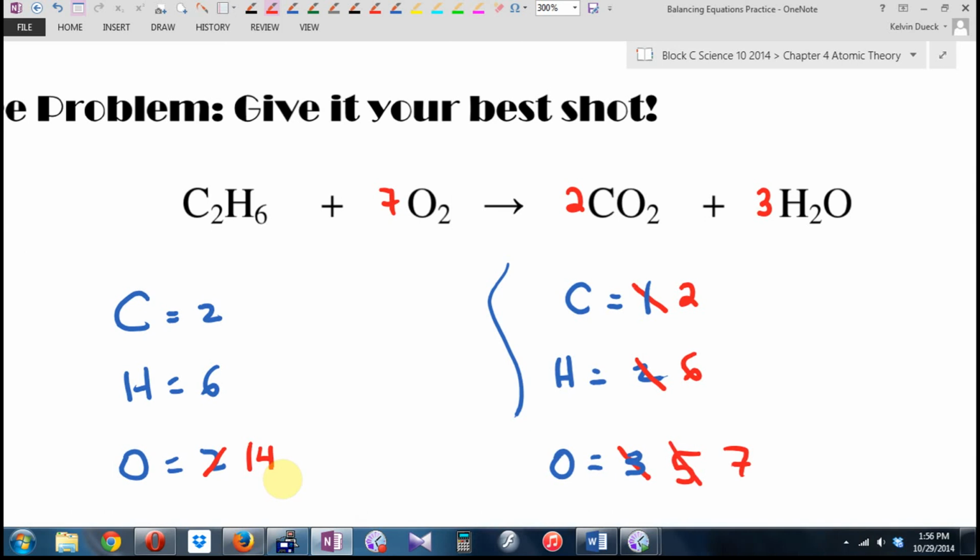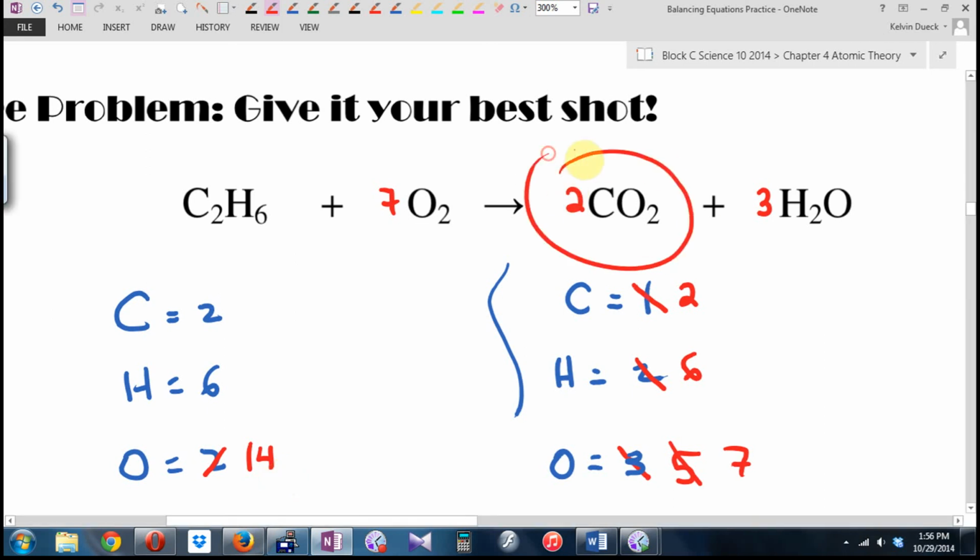Well, how many are right here? Maybe I could somehow turn that into a 10. That would give me 14. Or, how many are right here? 3. Can I turn that into an 11? Not with that 2 there.